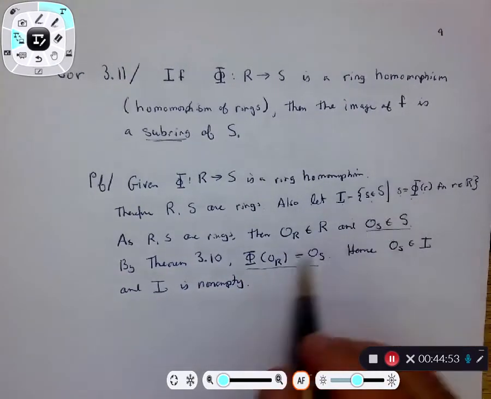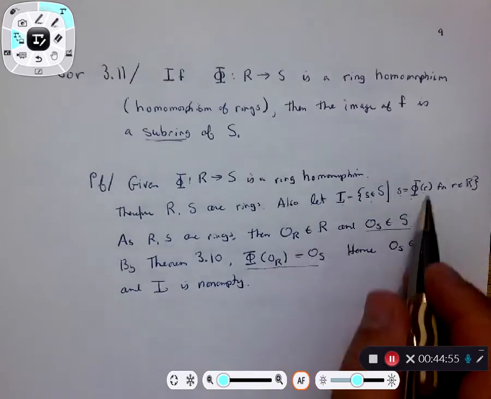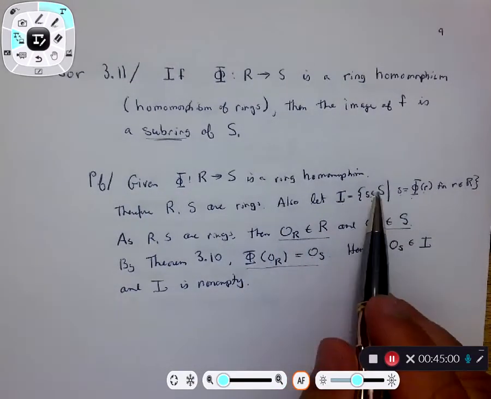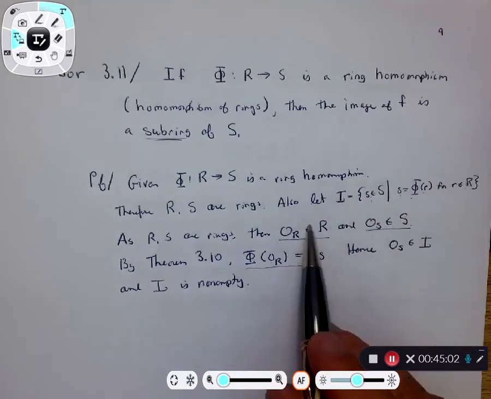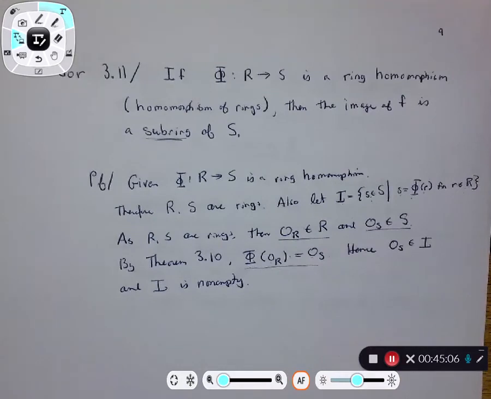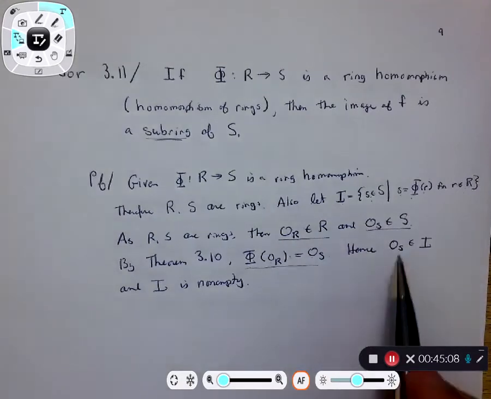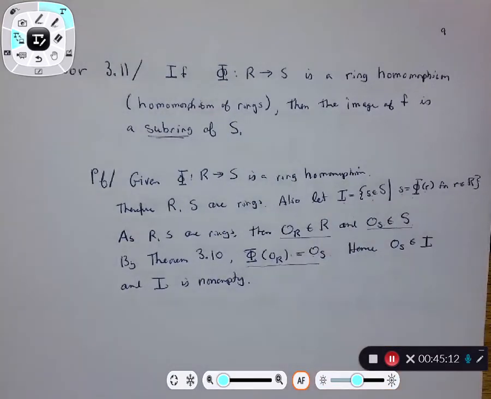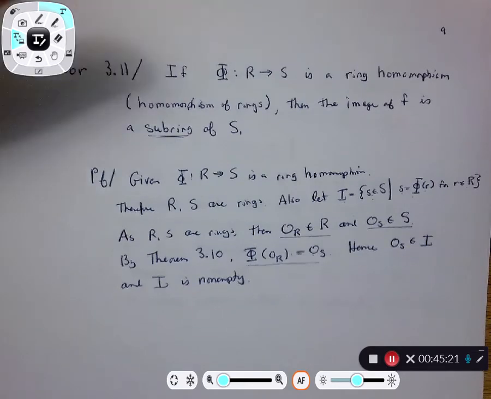For what's inside the parentheses, 0R had to come from R. 0R came from R. So all the conditions to be inside of I have been satisfied for 0. Therefore, 0S is an element of I, and I is not empty. Remember, we're trying to show I is a subring of S. Okay, so that's the idea.